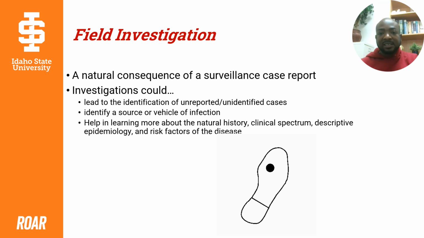For some diseases, investigations may identify a source or a vehicle of infection that can be controlled or eliminated. For example, the investigation of a cause of Escherichia coli O157:H7 infection usually focuses on trying to identify the vehicle, often branded beef, but sometimes something more unusual, such as fruit juice.